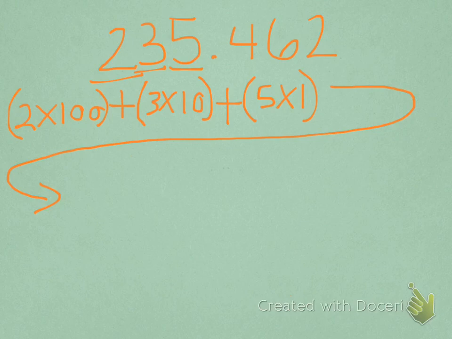For all of our numbers to the right of the decimal, this is where it gets just a little bit more tricky. First of all, my first number to the right of the decimal is the 4. Now the 4 is in the tenths place, so I'm going to start this off the same as I would have done all of my other numbers, except now I need to put 1/10 here.